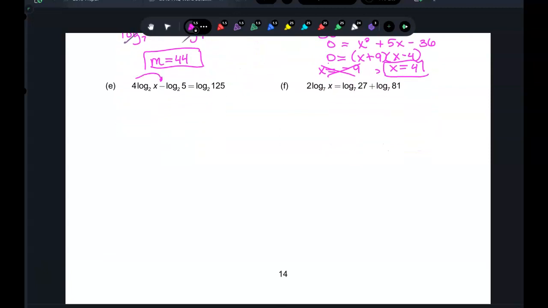Okay, next one, I'm going to put that over here. So that's going to be log base 2 of x to the 4th minus log base 2 of 5 equals log base 2 of 125. So I'm going to change that to division.